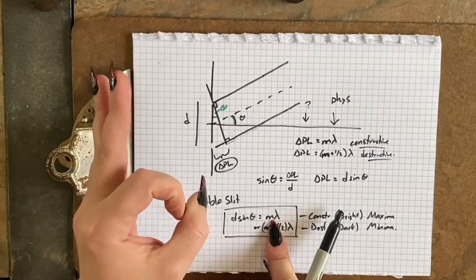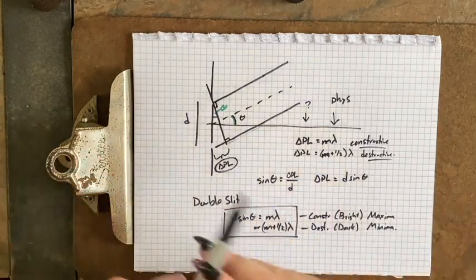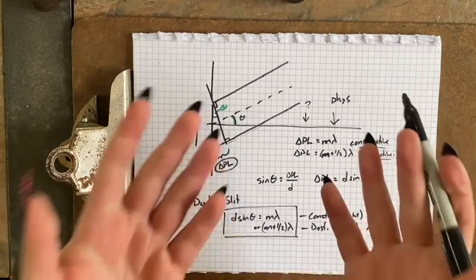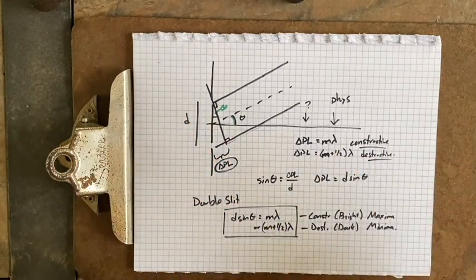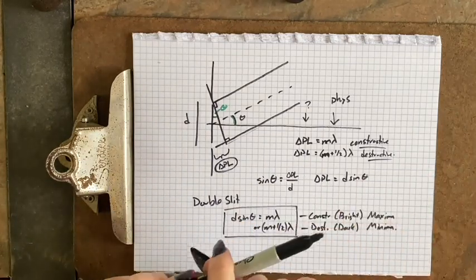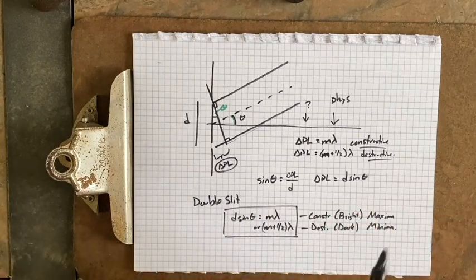If it's a 0.0, it's constructive. If it's a 0.5, destructive. And what if it ends up being something like 0.4? Well, it's kind of in between, but 0.4 is closer to 0.5 than it is to 0. So it's a little bit more destructive than constructive. It's faint. It's not dark, but it's dim.